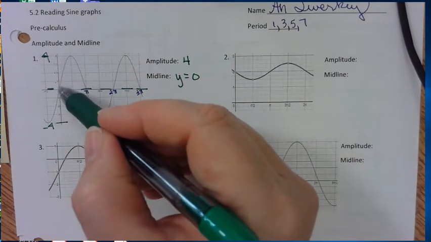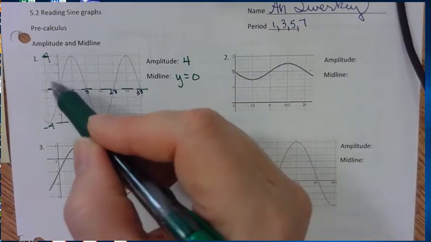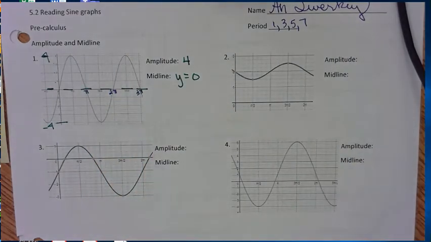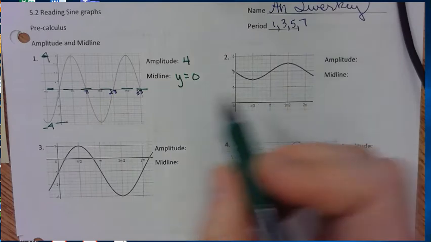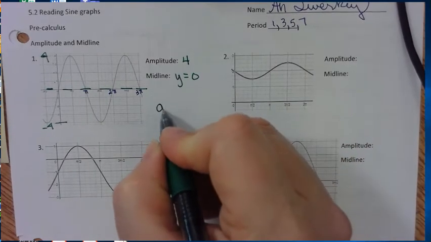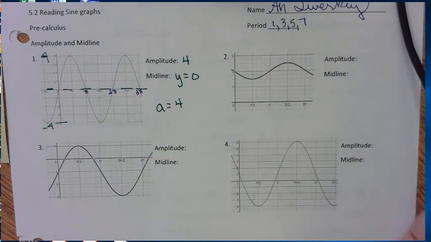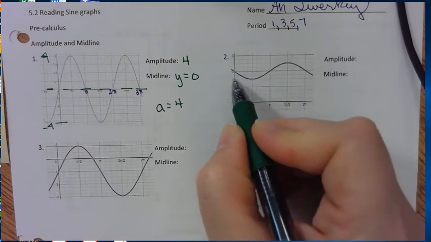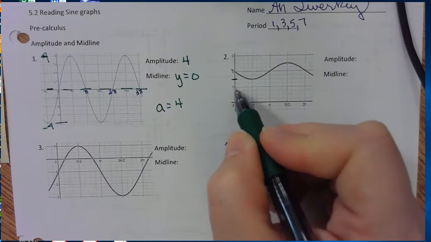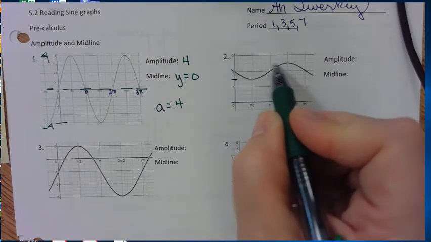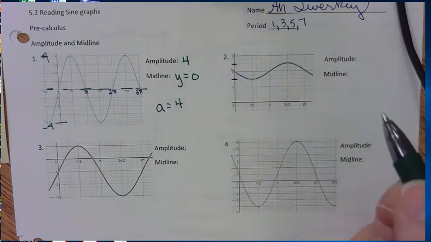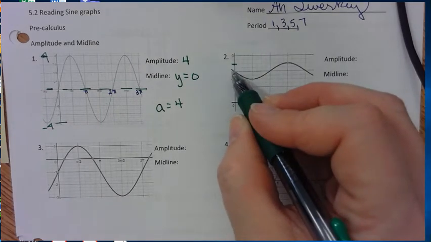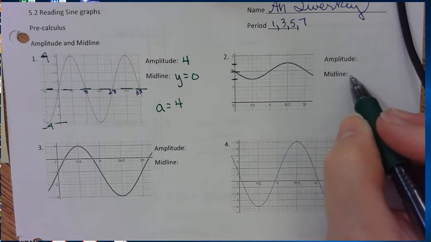Now I will tell you, it's a positive sine graph if it starts out climbing first and then does the backwards S thing. So that is it, and A is the same as the amplitude, 4. On this one, the midline, let's see, it bottoms out at 1.5, it tops out at 2.5, so that means the midline is at 2.